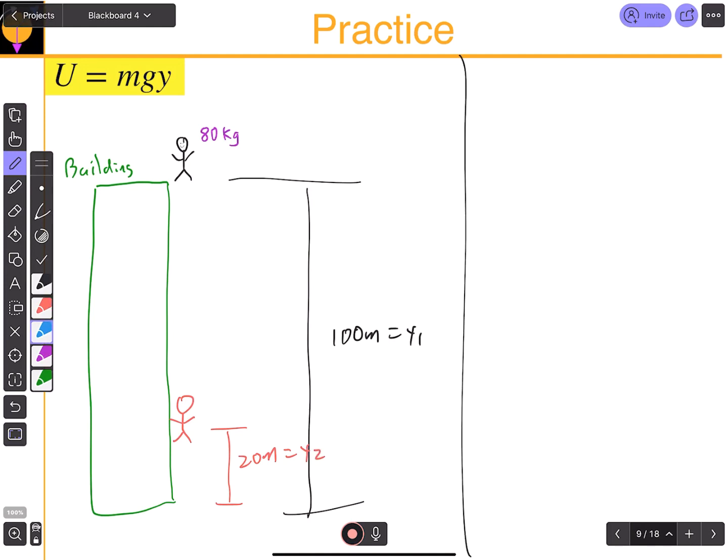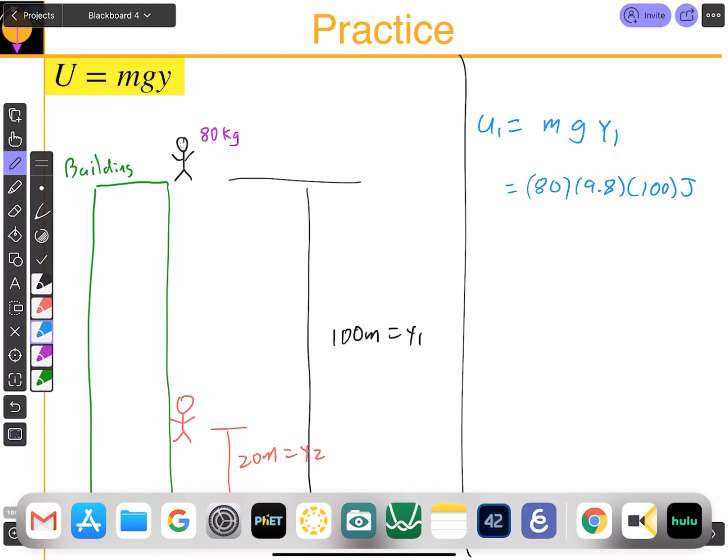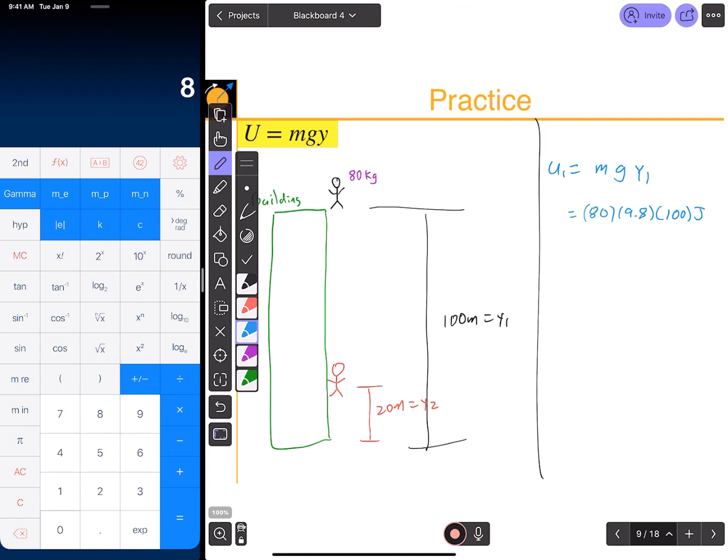So we can calculate the potential energy at 1. It's going to be the mass times gravity times y1. So 80 kilograms times 9.8 meters per second squared times the height of 100 meters at the initial position. That's all going to work out to joules. And just for fun, I'm going to pull out the calculator here. 80 times 9.8 times 100 works out to about 78,400 joules.